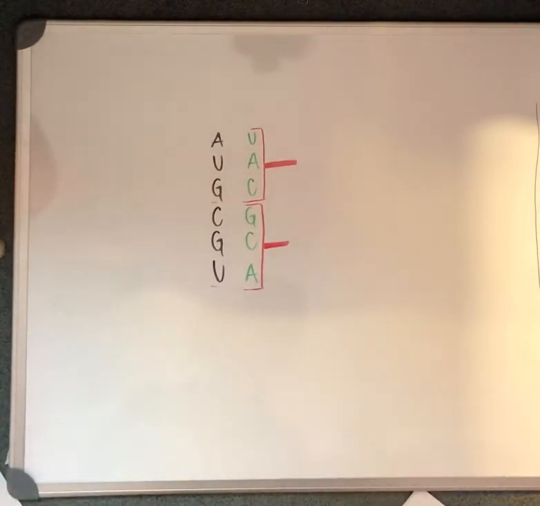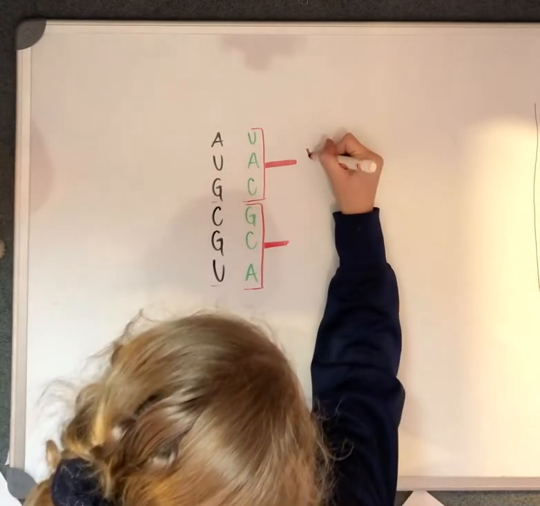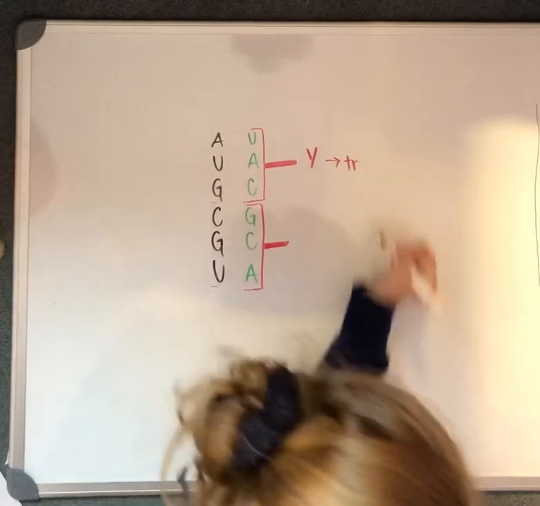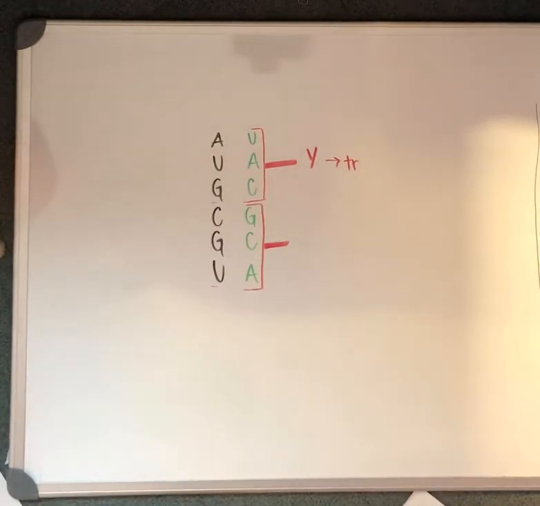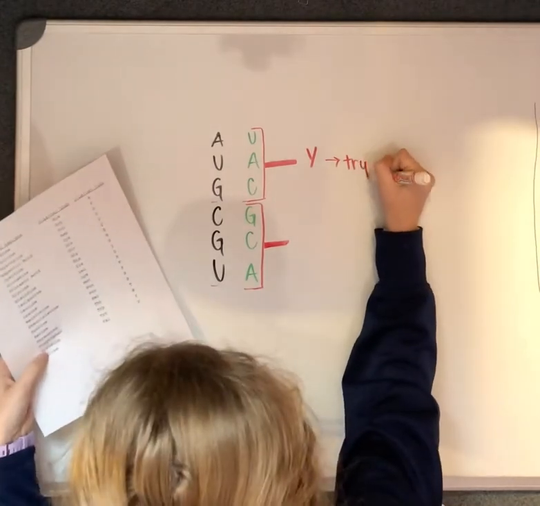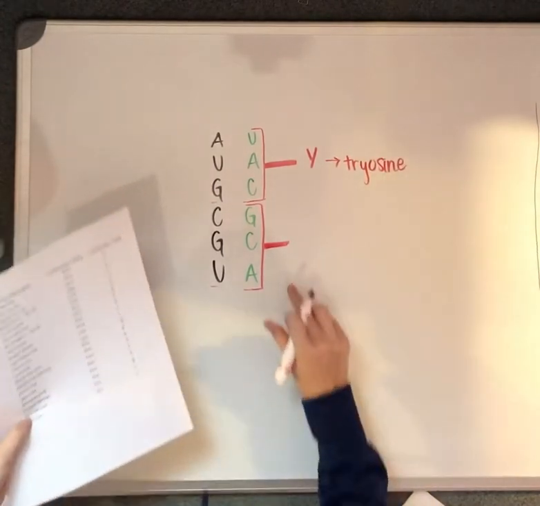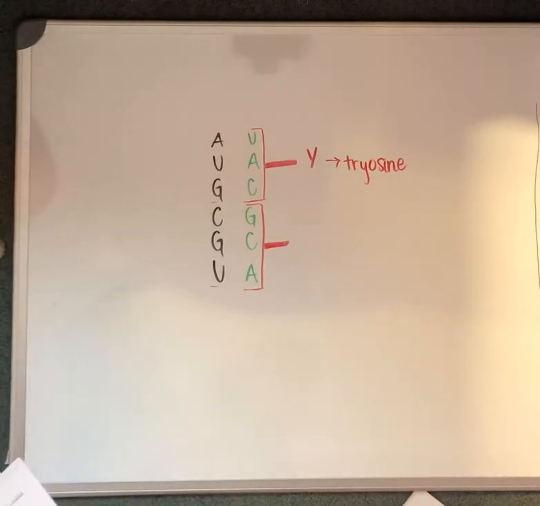And for this one, that amino acid would be Y, which is also known as, just make sure I spell it right, tyrosine.